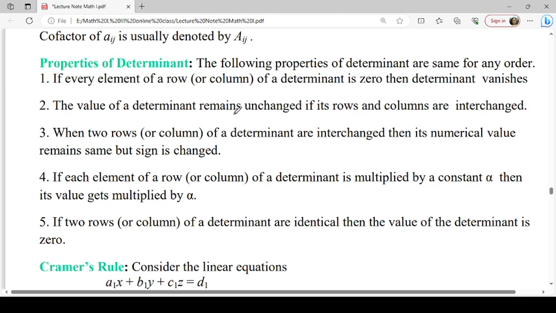The value of the determinant remains unchanged if rows and columns are interchanged. When two rows of a determinant are interchanged, its numerical value remains the same but the sign is changed. If each element of a row of a determinant is multiplied by a constant alpha, then the value gets multiplied by alpha. If two rows of a determinant are identical, then the value of the determinant is 0. So these are the main properties of determinant.